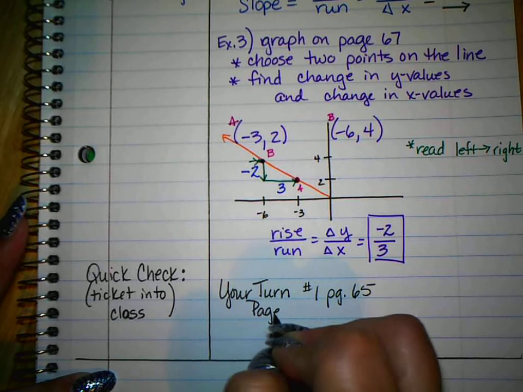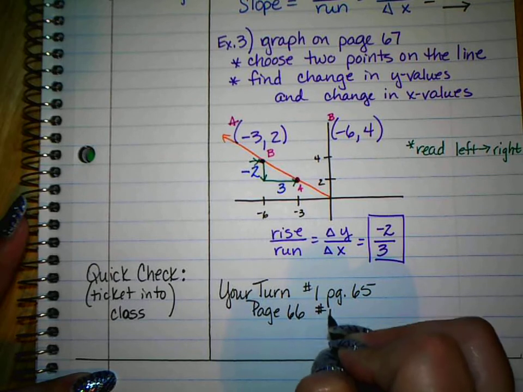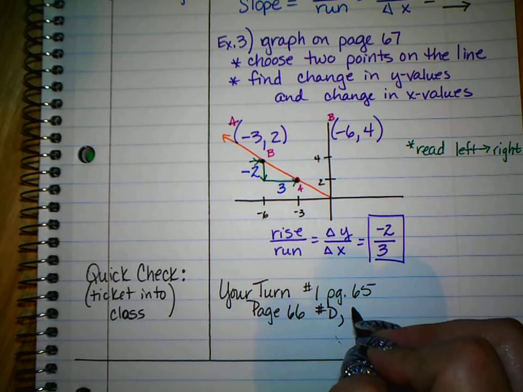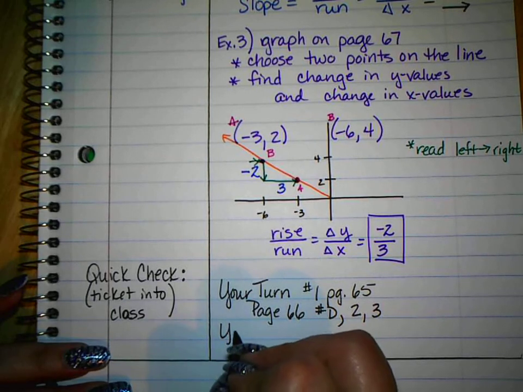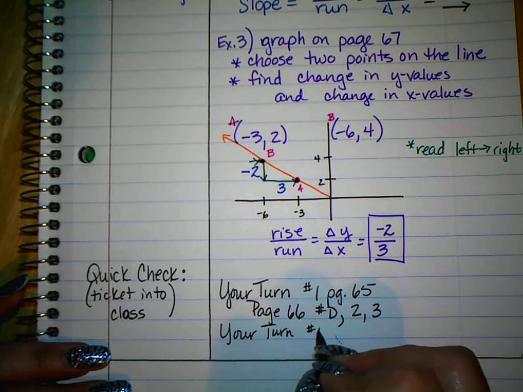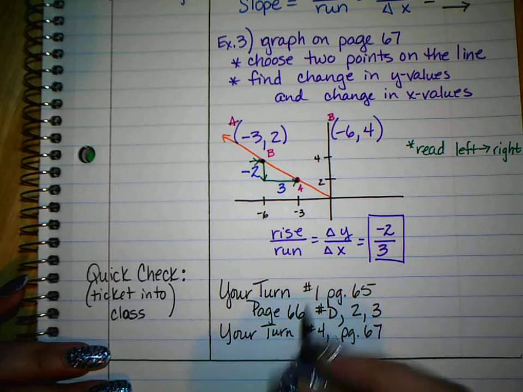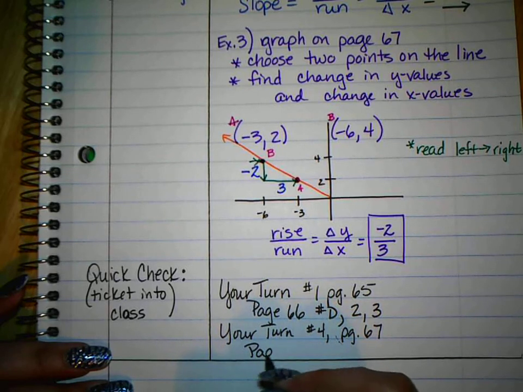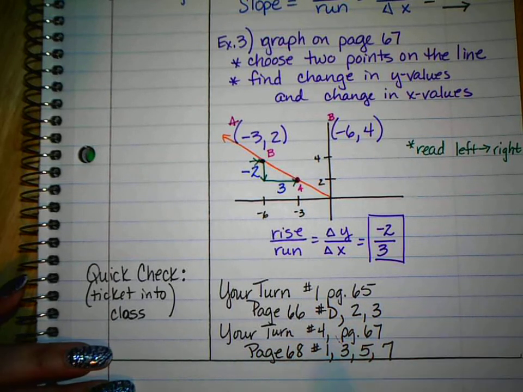On page 66, I want you to do number D, 2, and 3. Then there's another your turn, which is number 4 on page 67 and page 68. Numbers 1, 3, 5, and 7.